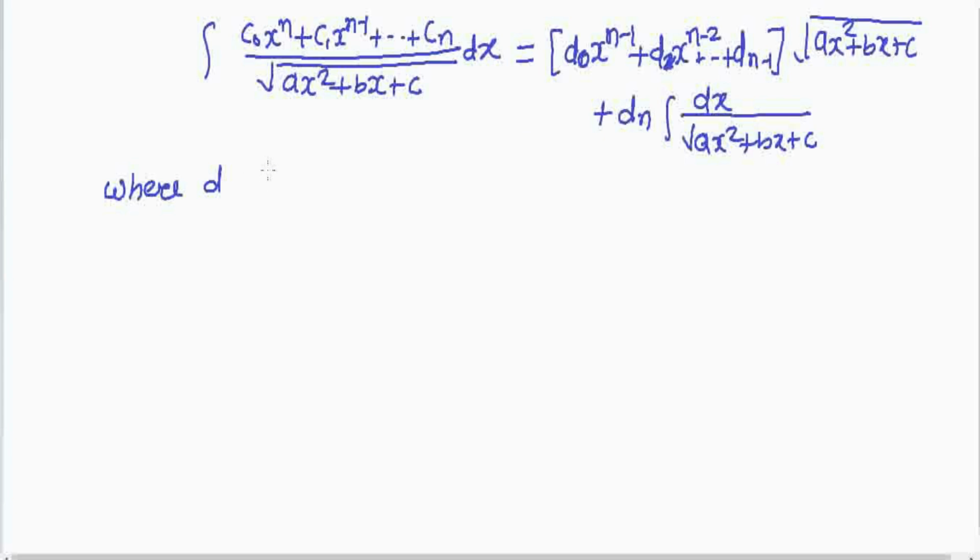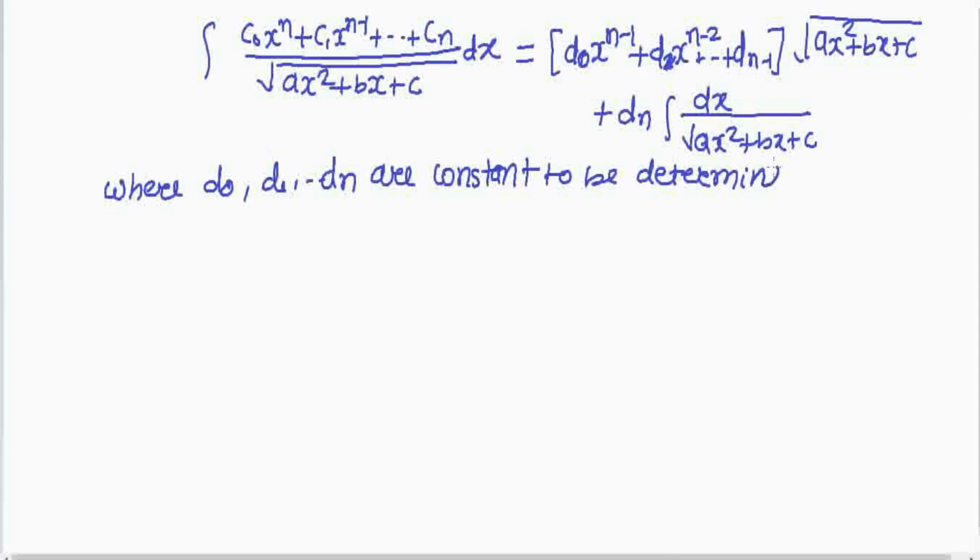So here d0, d1 up to dn are constants, which we want to determine. How to determine? Let us call this equation number 1.